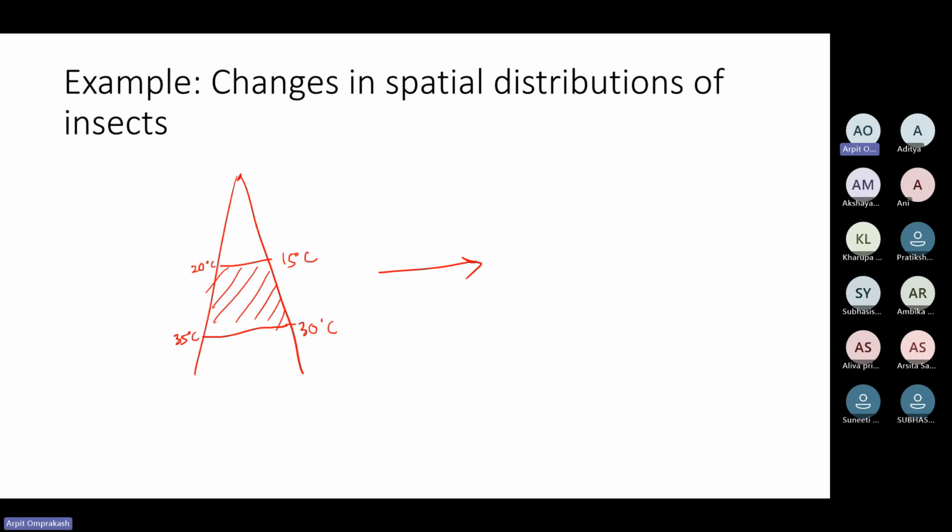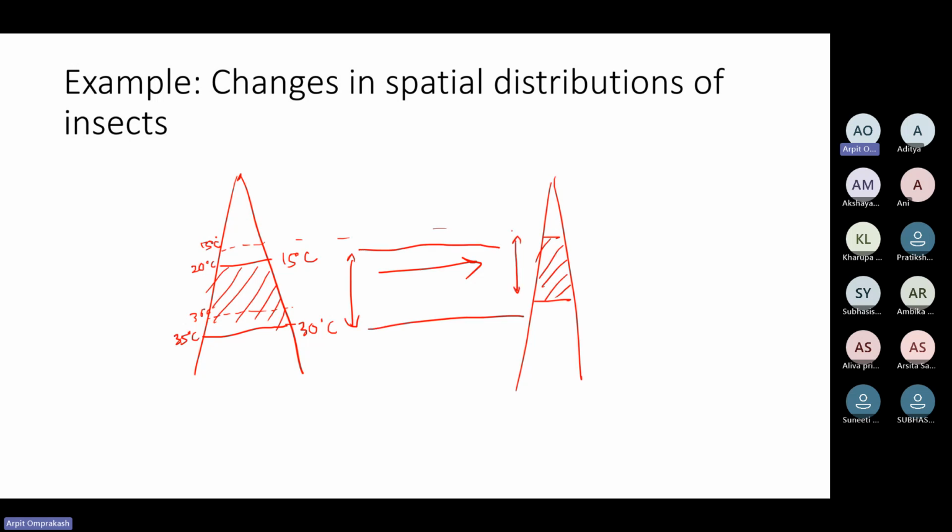And there is some area here which is now 30 degrees and some area here which is now 15 degrees. So your organism will now come up here instead of that area here. Earlier it was in this area, now it is in this area. So there's a shift.